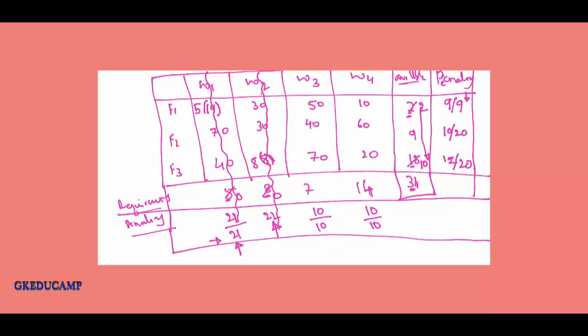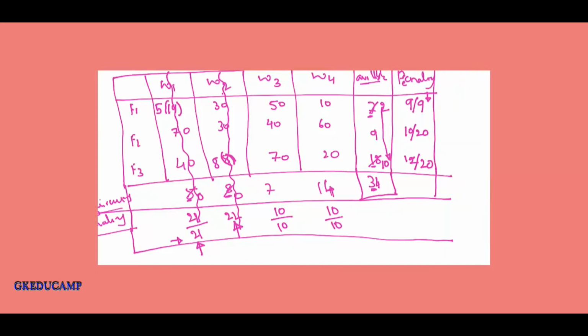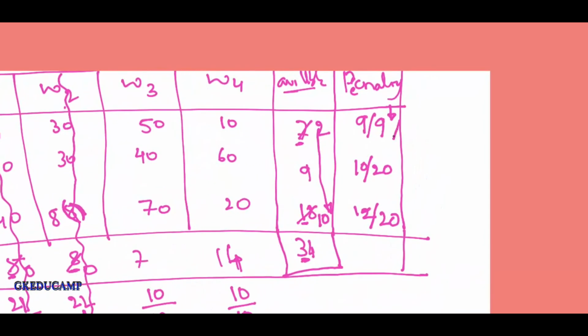Here you have an availability of 10, and here the requirement is 14. So the minimum is 10. Allocate the 10 to the 20. Here you will get the remainder of 4. So here it will become 0. So this W3 F3 row completes.